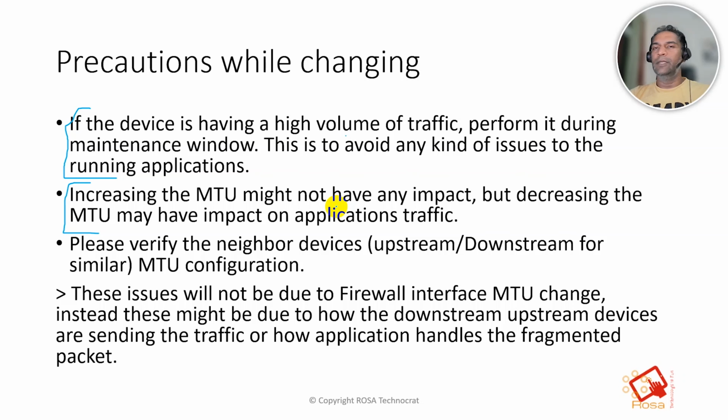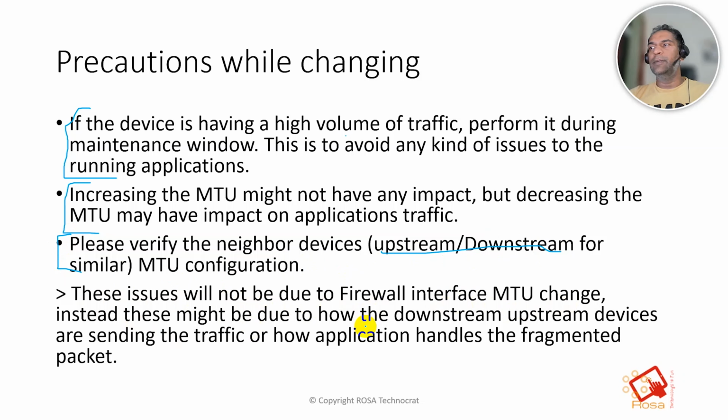But based on all my experience, mostly there is no impact during MTU changes. But I don't want you to be in a bad situation which might have an impact, so please verify the neighbor devices upstream and downstream for a similar MTU configuration so that they match. These issues will not be due to the firewall interface MTU change.